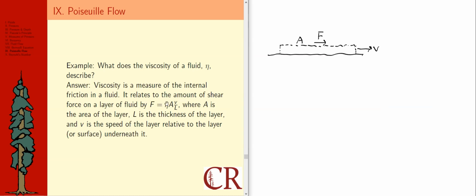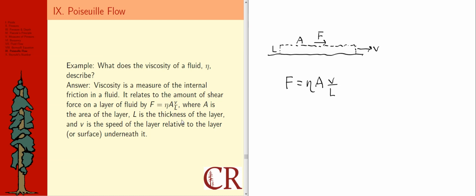We have this formula that relates the shear force I'm describing: F is equal to eta, again for the viscosity, times that area A I just defined, times V, which is the speed of the layer, divided by L. What would L be? L is that thickness. So that was the thing I was struggling with. What do I put for the thickness? So I'll just put the L there to represent the thickness of the layer.